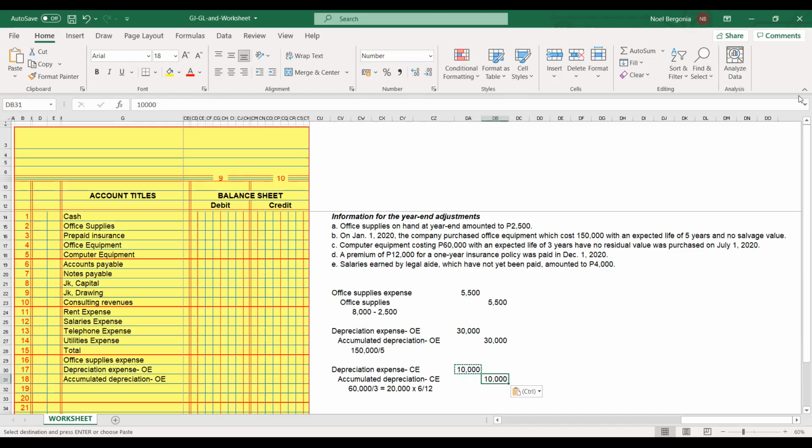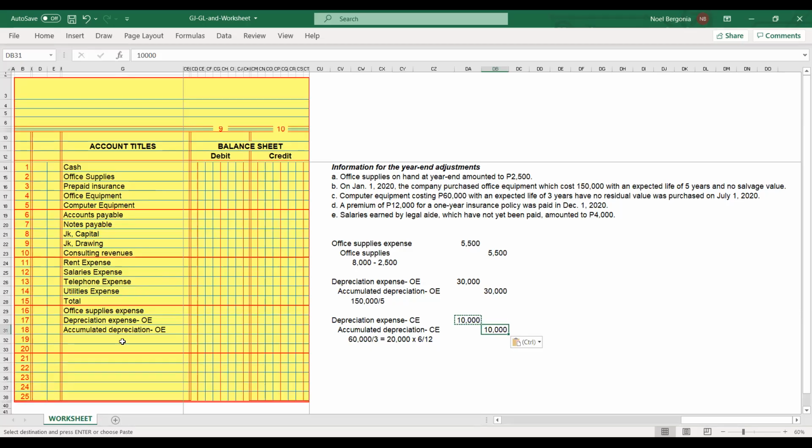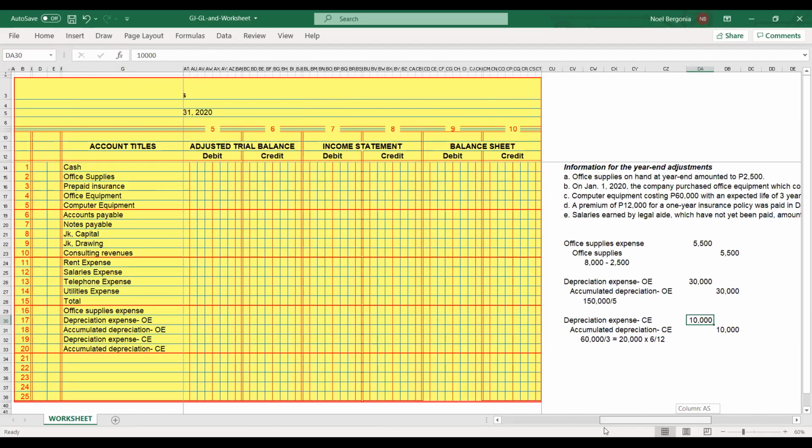Okay? So as you have noticed again in our worksheet, wala ulit yung titles na yon. So we can actually again include this dun sa bottom part. Okay, so depreciation expense computer equipment at saka yung ating accumulated depreciation. Okay, so again, 10,000 pesos. So dagdag lang tayo ng dagdag dun sa account titles pag hindi naman nakalagay doon. Okay?